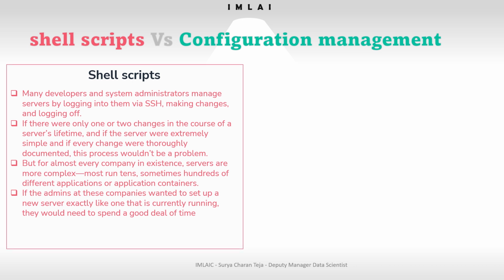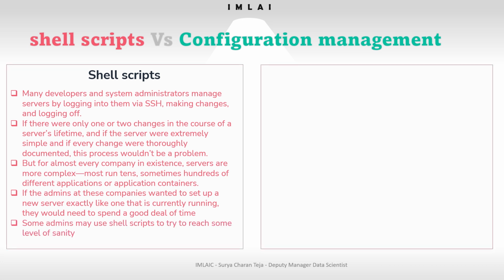They would spend a lot of unnecessary time manually installing or reinstalling, updating, and tweaking everything to get the new server to run close to how the old server did. Some admins may use shell scripts to reach some level of sanity or automation, but I have yet to see a complex shell script that handles all edge cases correctly while synchronizing multiple servers' configuration and deploying new code.